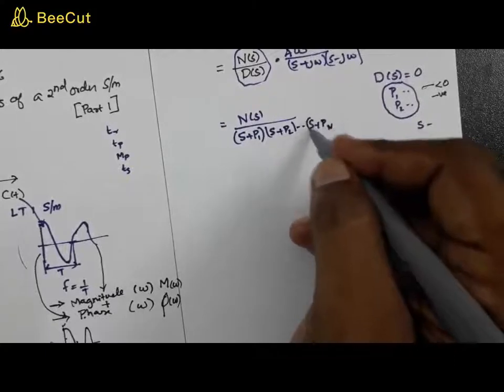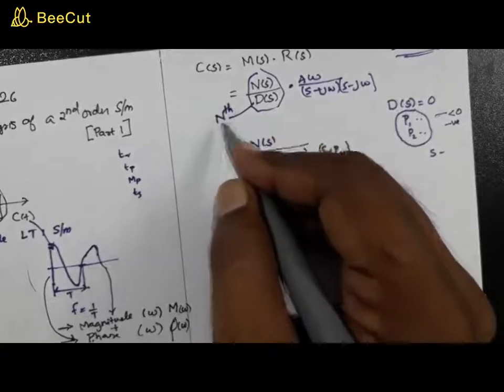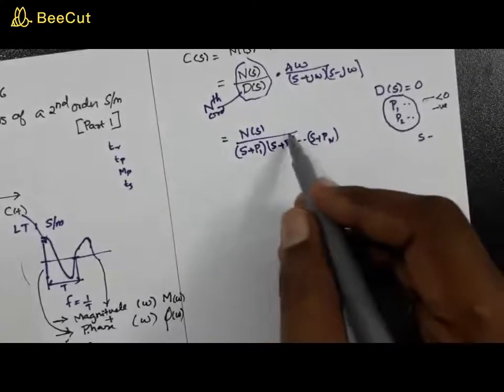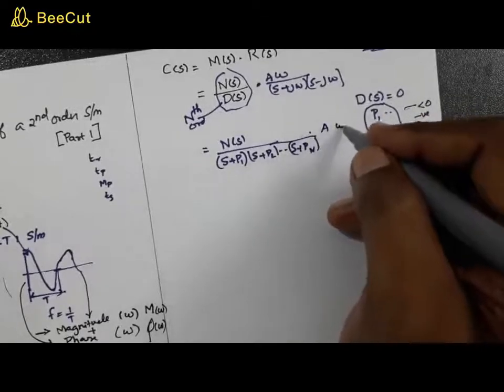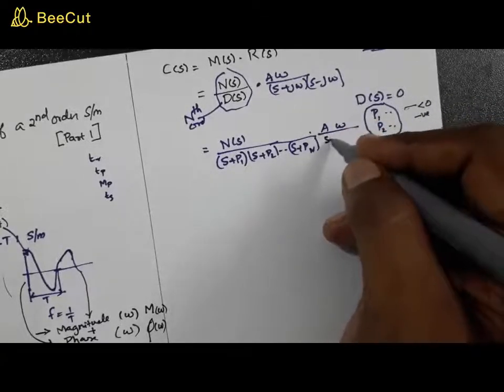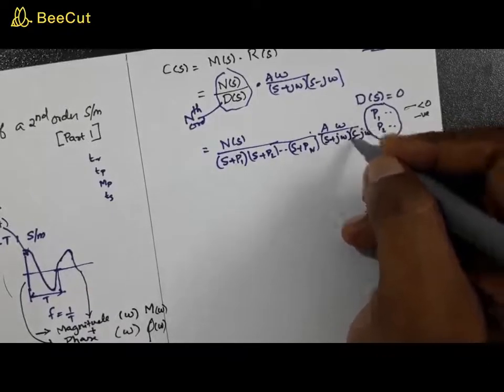And what is this n? N is the order of this polynomial, and assume that this is an nth order polynomial, in which case you will have this many roots. This into A into omega by S plus j omega into S minus j omega. Okay, so clear.